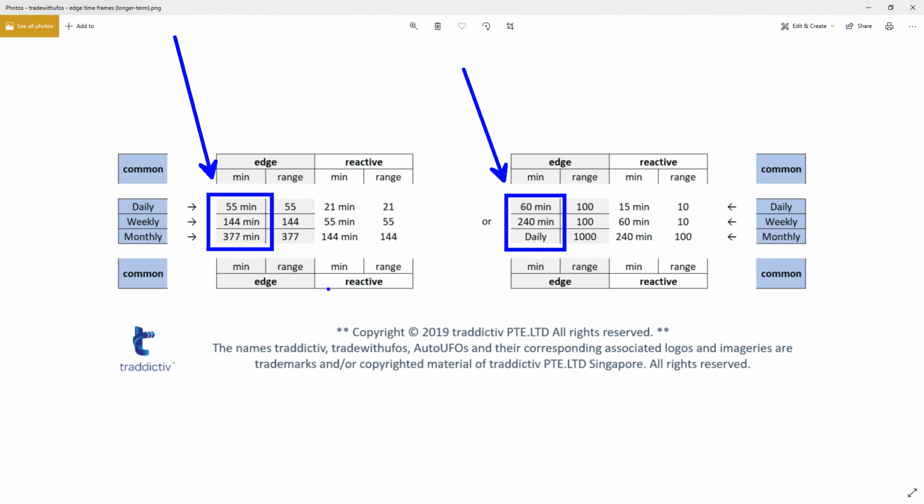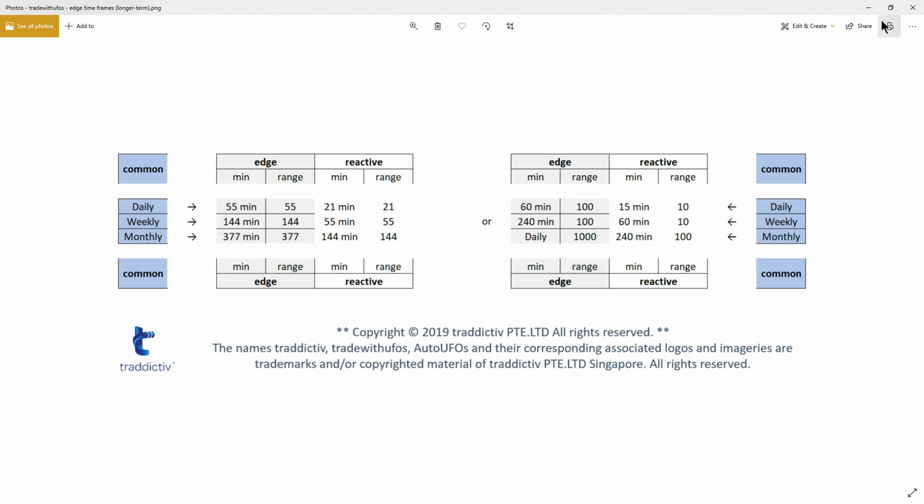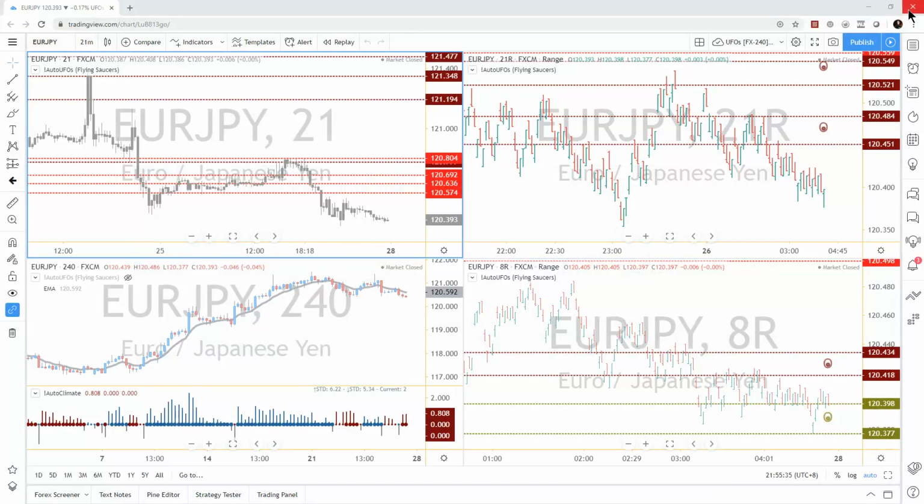So that would be for the daily, weekly, and monthly climate if you do longer term trading. But again, no matter what your style is, the process is the same.